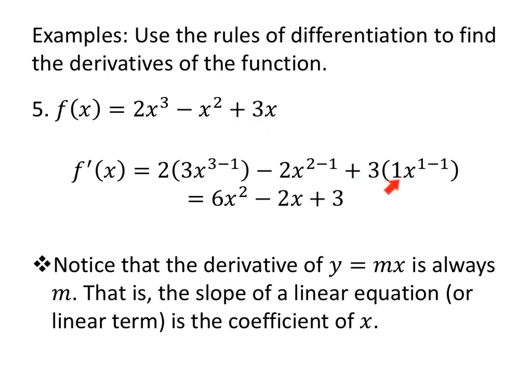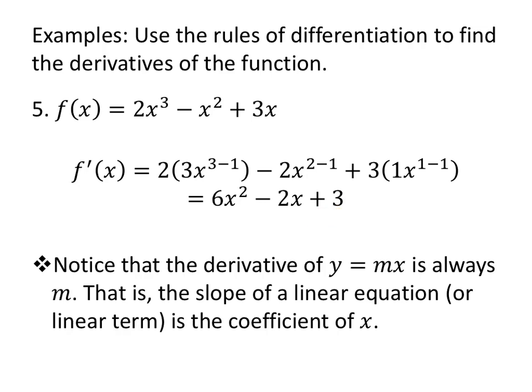For x, I'll bring down the 1, x to the 1 minus 1. 2 times 3 is 6, x. 3 minus 1 gives us squared. Minus sign, 2x to the 1st power. And here, remember 1 minus 1 is 0, and x to the 0 is 1. So we'll just have the constant 3.